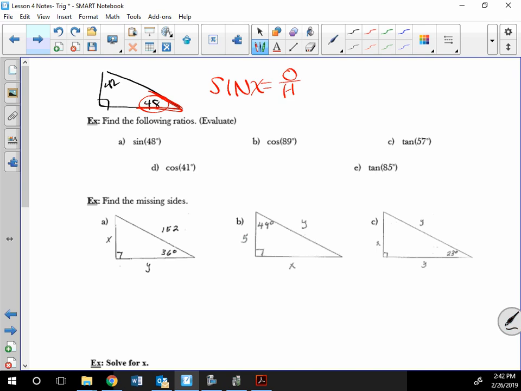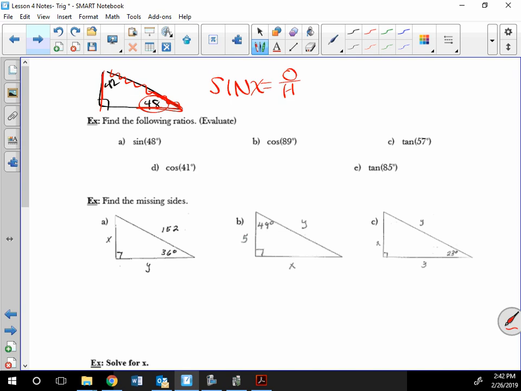Every time I compare my opposite side to my hypotenuse, it simplifies down to the same ratio every single time. So remember, we could have similar triangles where they have the same angles, but one's larger, one's smaller. It doesn't matter. Any triangle that is a right triangle with 48 and 42 degrees, when I compare those sides, opposite over hypotenuse, it will simplify down to the same decimal every single time.